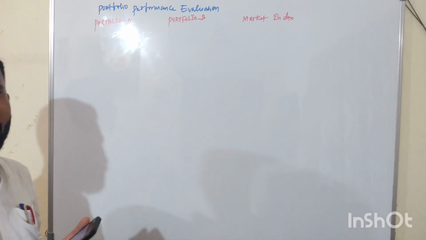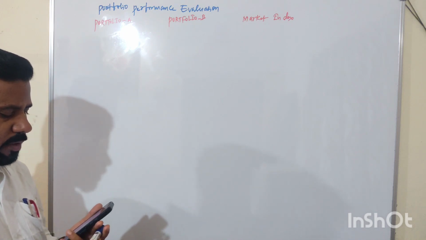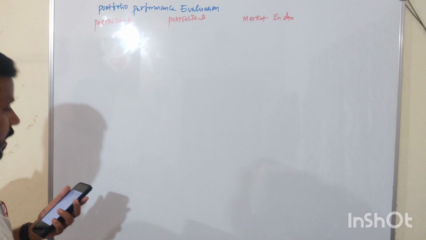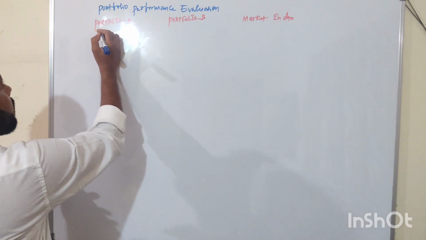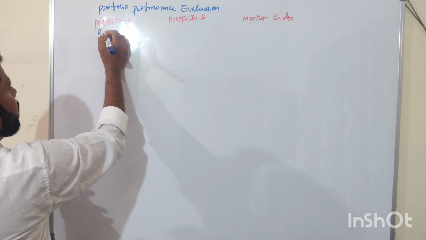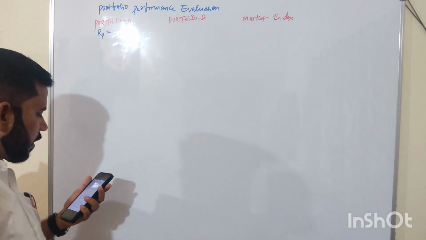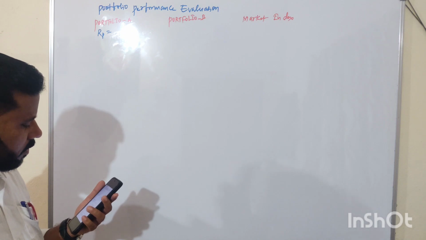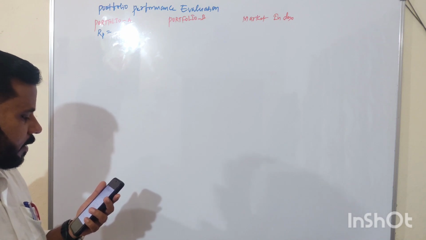All the information is readily available in the problem. Portfolio A, portfolio return, it is given. It is not given as RP, but we have to understand it that way.